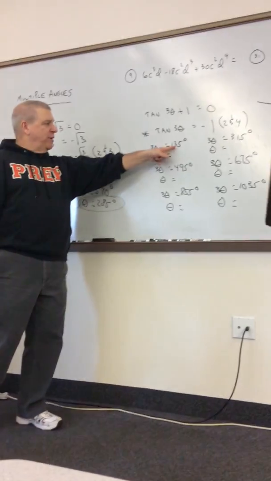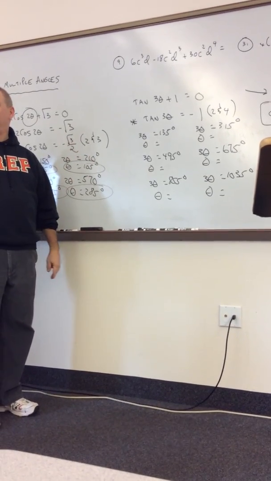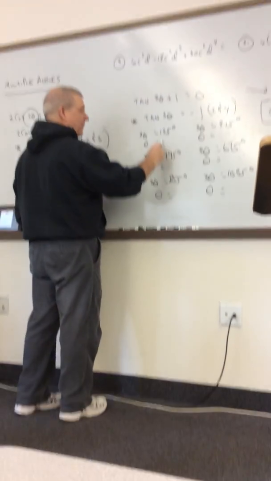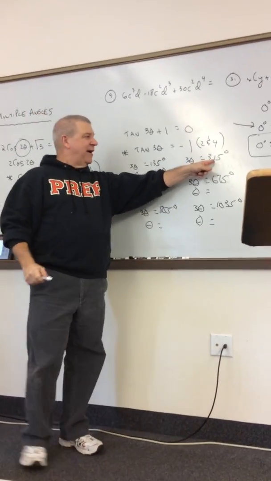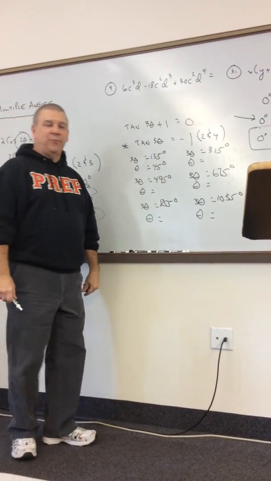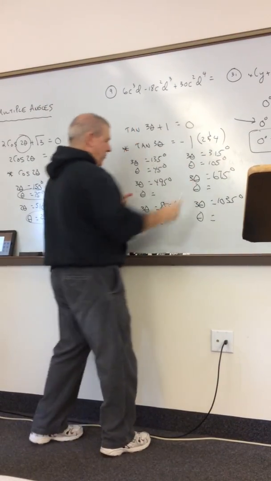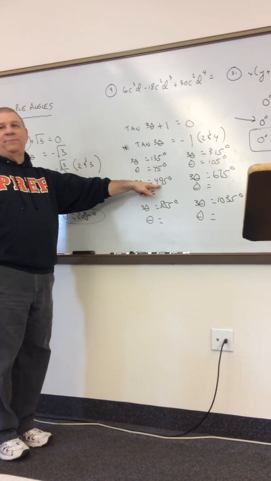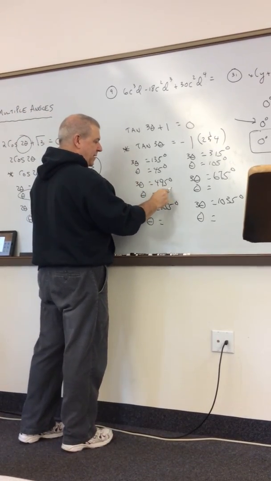All right, what's 135 divided by 3? Now, I just need someone to do this. If you want to, go ahead, Ethan. 45. All right, Ethan, what's 315 divided by 3? 105. What's 495 divided by 3? 165. Thank you.